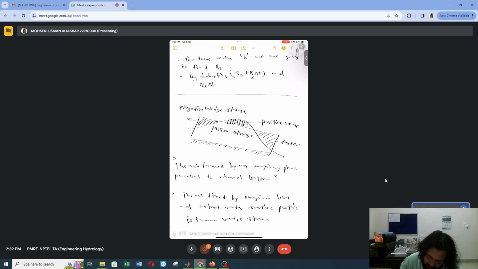Now the prism storage and wedge storage both account for inflow and outflow. The prism storage will account for outflow. So prism storage is a function of outflow, whereas wedge storage is a function of inflow, right?